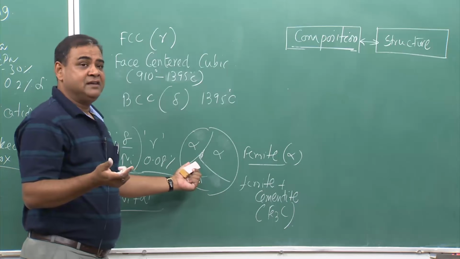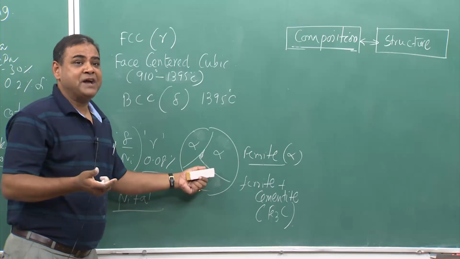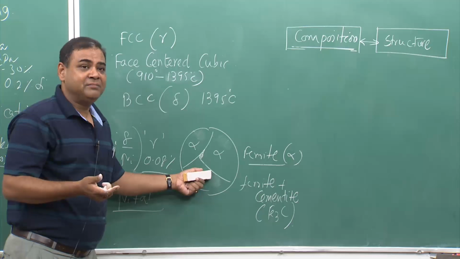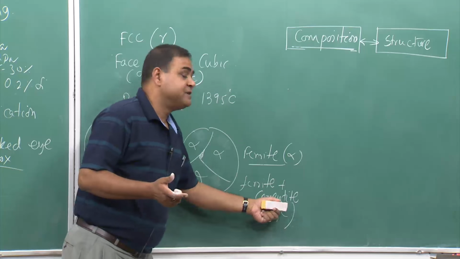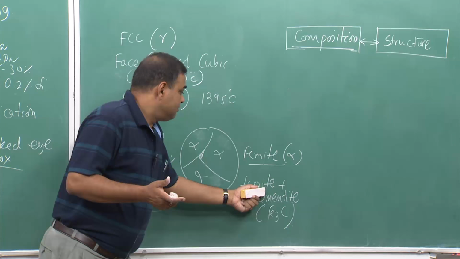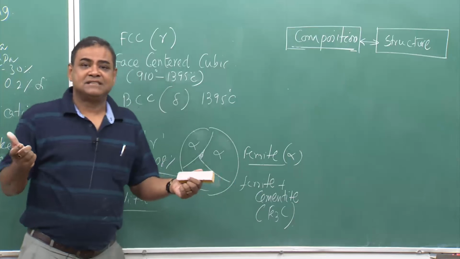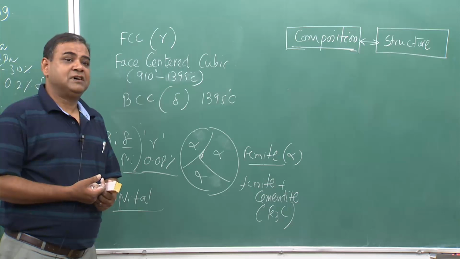Now, on the other hand, if we change the composition, similarly the microstructure is changing, but the crystal structures are the same: the crystal structure of cementite is rhombohedral, and ferrite is simple BCC. There also a change in properties takes place.